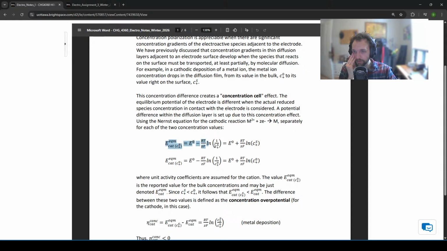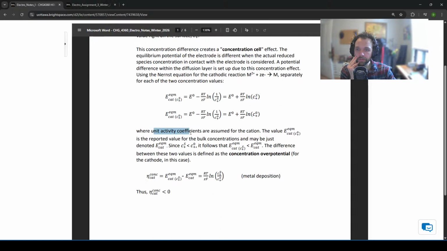So the Nernst equation gives us the equilibrium potential at these two different concentrations, where unit activity coefficients are assumed for the cation. The value E equilibrium for the cation at the bulk is the reported value for the bulk concentration.